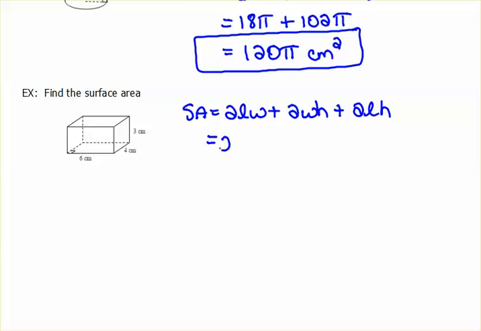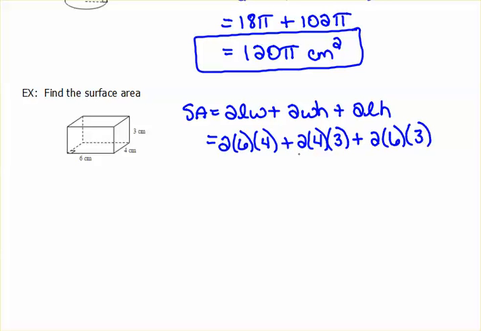So this would be 2 times the length here is 6 and the width is 4, plus 2 times the width is 4 and the height in this case is 3, plus 2 times the length again was 6 and the height again was 3.